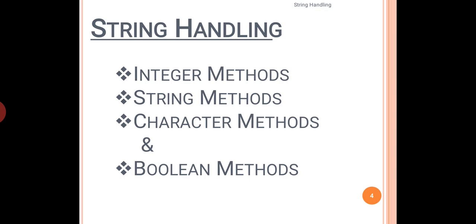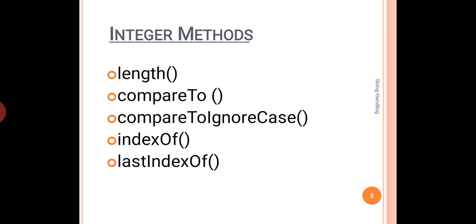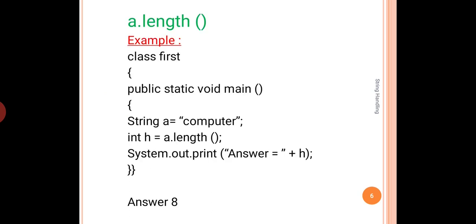In this web series specifically, I will be taking care of only the integer methods. These methods are the return type of functions like length, compareTo, and these five functions. When they return a value, the return type will be the integer type. So now we move on to the first topic, that is length.